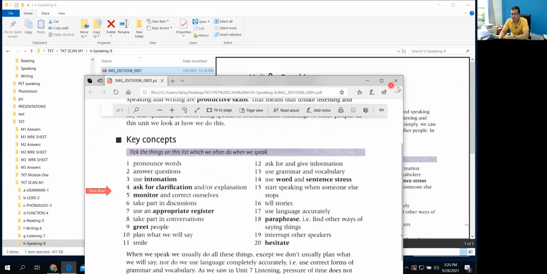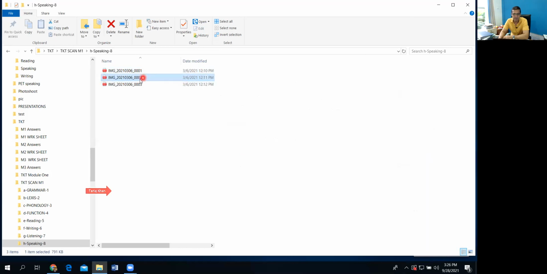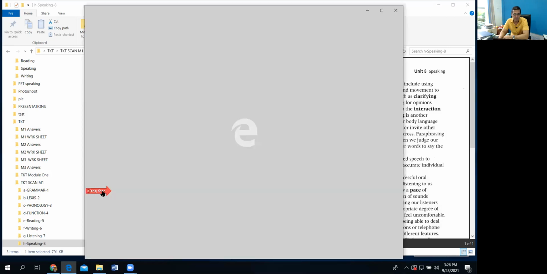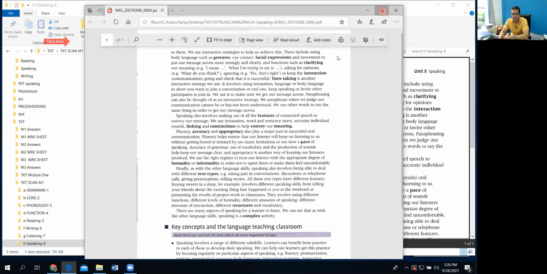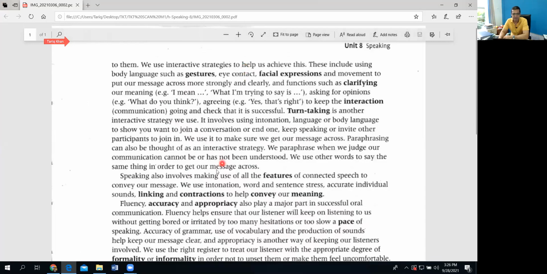Let's see the next page. To communicate to them, we use interactive strategies to help us achieve this. When we speak, we talk to someone, then we involve interactive strategies.